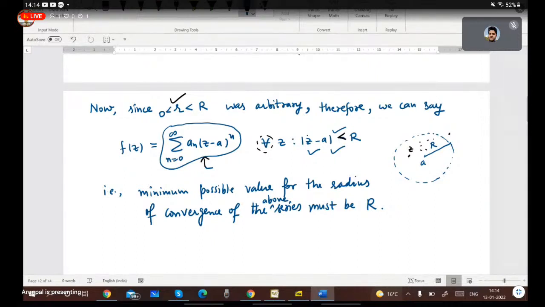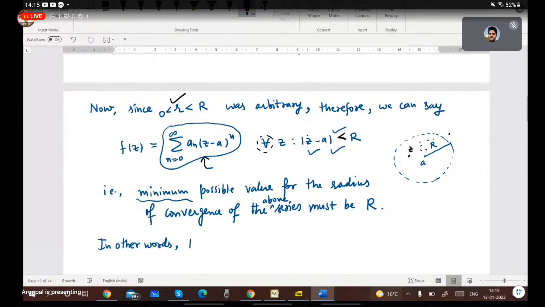Yes, sir. So now I am claiming for the radius of convergence. In other words, when I am saying minimum, R should be there. It means it should be either R or bigger than R. The radius of convergence will be R or greater than R, because inside it there is no problem being created.